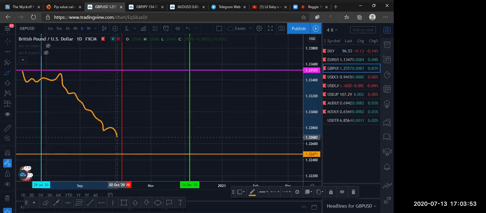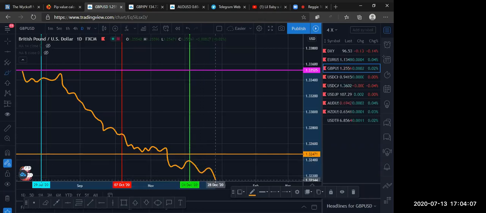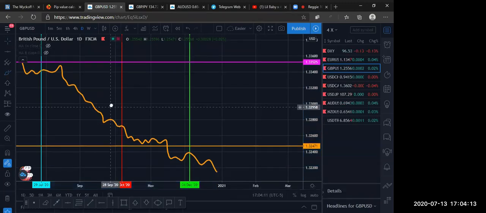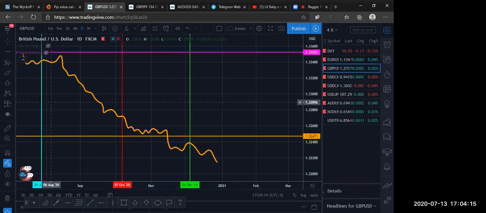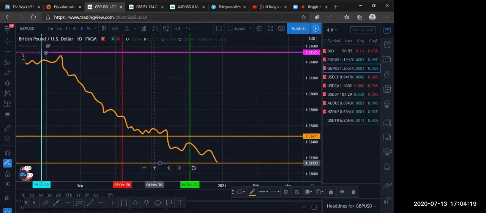It bounced off the line where we were having problems, but instead of going up, we actually broke the line. And then you start seeing more downside. Once it comes down to your next little support area, you can start seeing it getting ready to turn around again. So this line is going to be my new support.